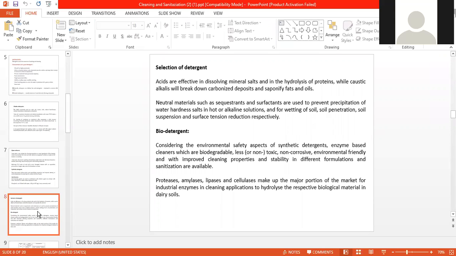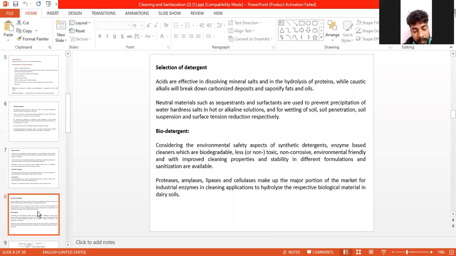Nowadays, bio detergents are used because the detergents conventionally used in the dairy industry are not eco-friendly, and they cause environmental concern also.